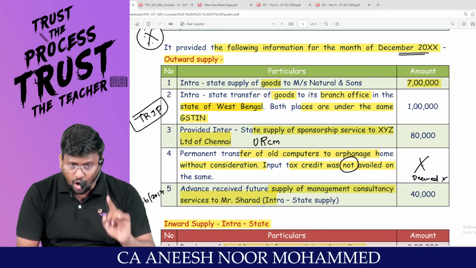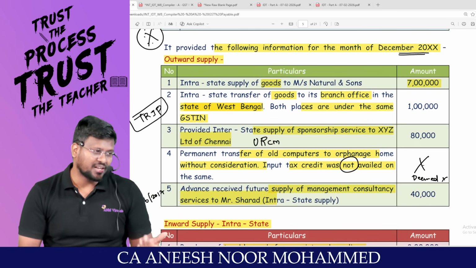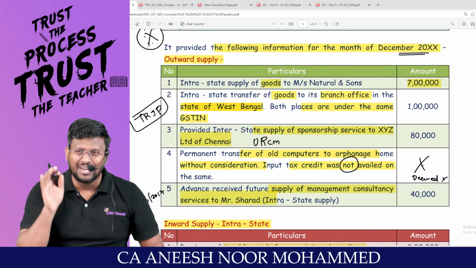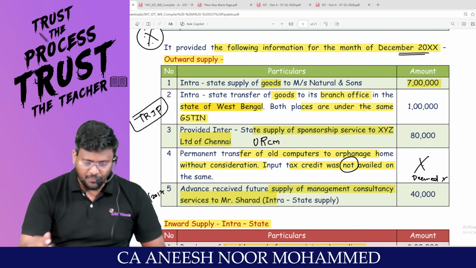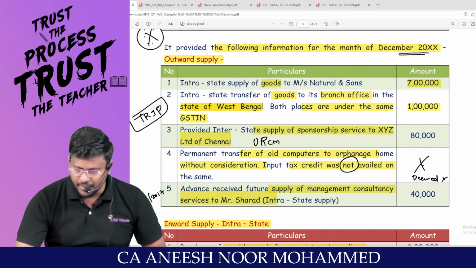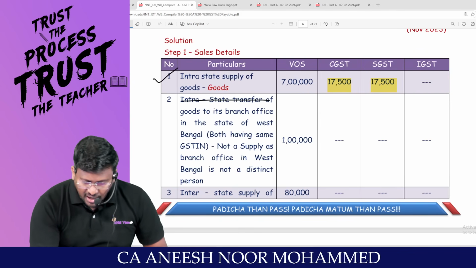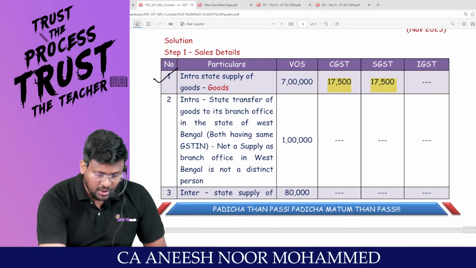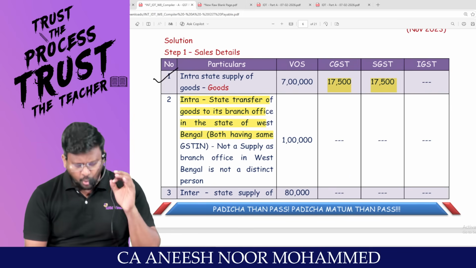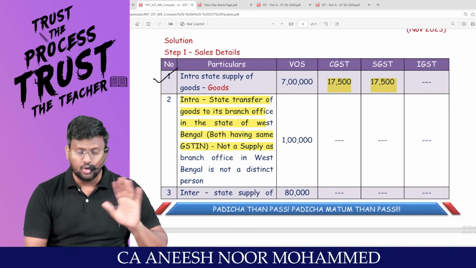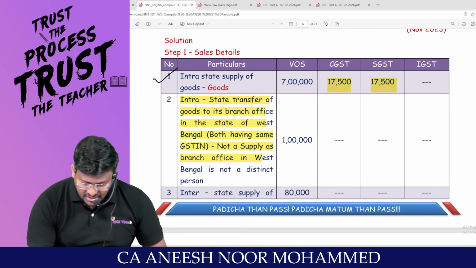They are not distinct persons. Only if there is supply of goods between related persons or distinct persons, without consideration, for that only are you liable to pay GST. That means intra-state transfer of goods to its branch office in the state of West Bengal, both having the same GSTIN, is not a supply, as the branch office is also in West Bengal.